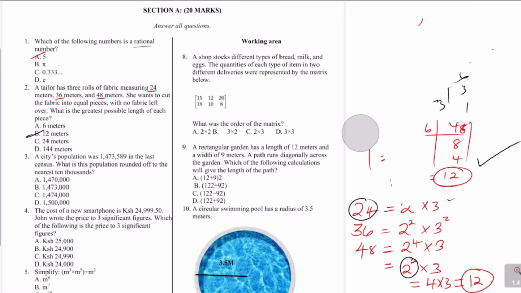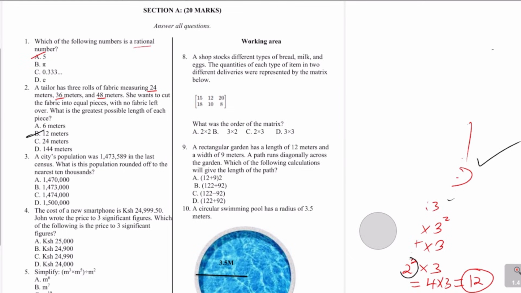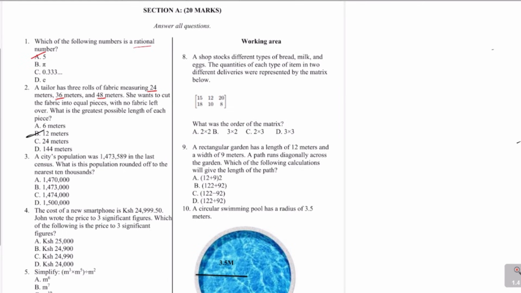So let us write the number. So we have 1,473,589. So we want to round off this one to the nearest 10,000. So identify the place value in that digit, 10,000s.